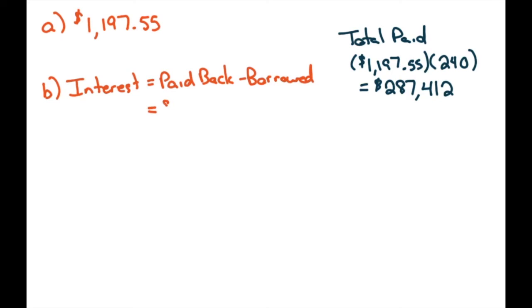So now that we know that, we can calculate the amount of interest that he paid to the bank. Subtract those and we get $84,912.